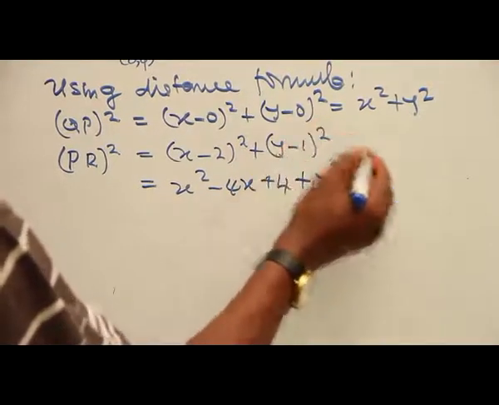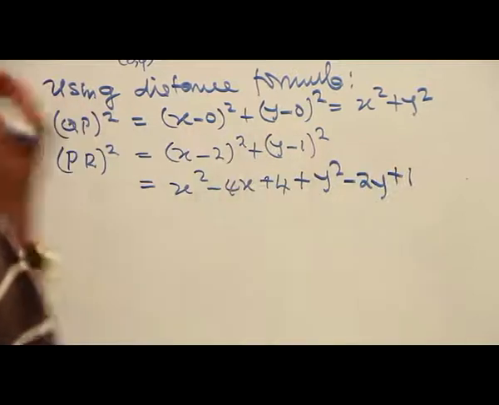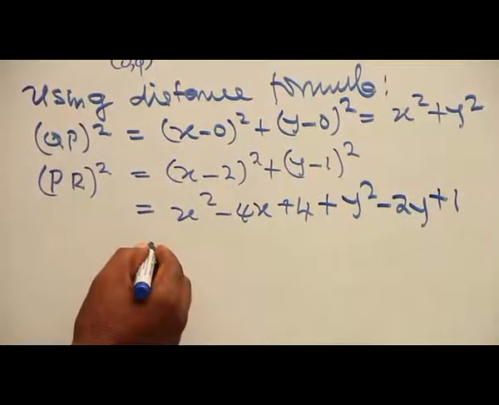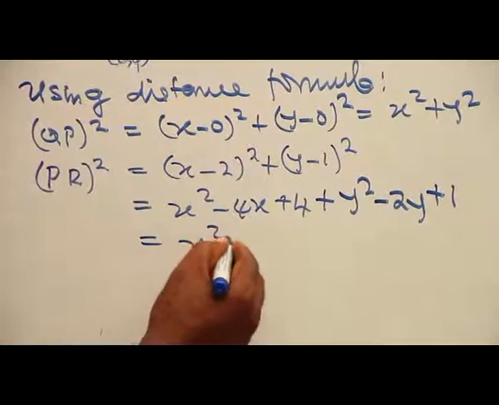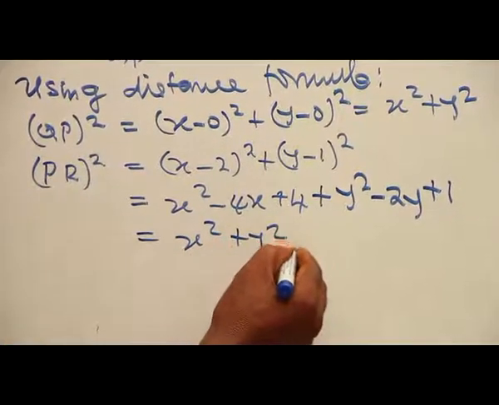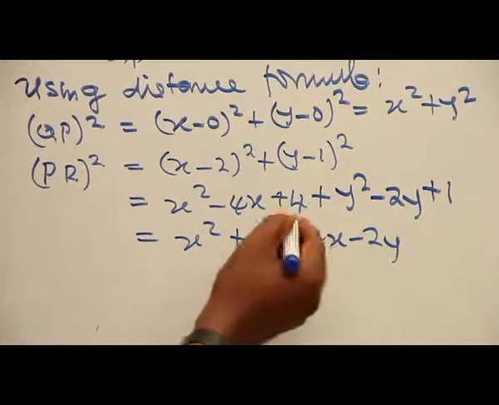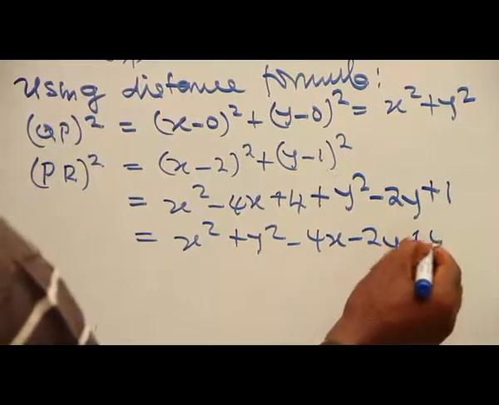Then minus 1 squared is plus 1. We can now simplify this if possible. Then we have here x squared plus y squared minus 4x minus 2y, and then this is plus 5.